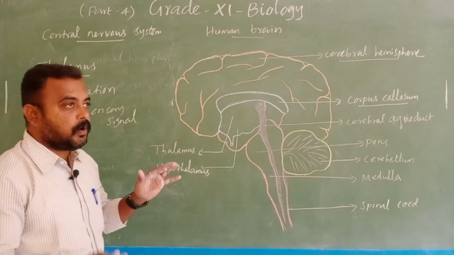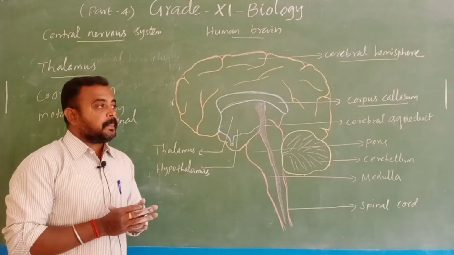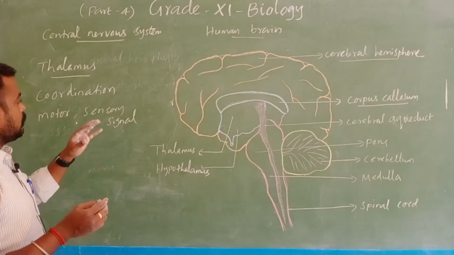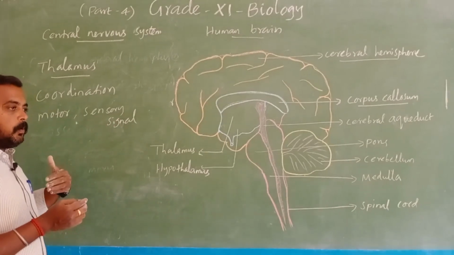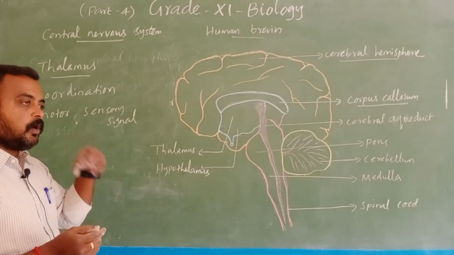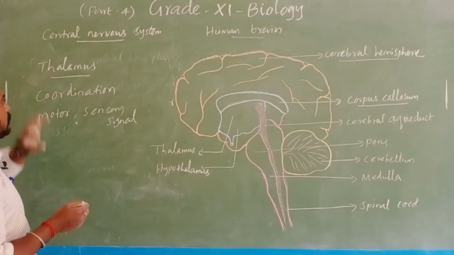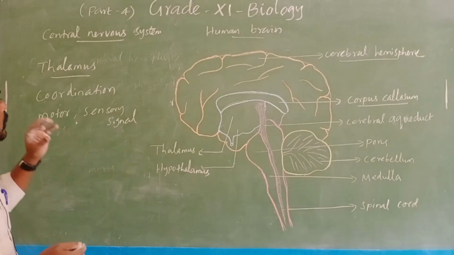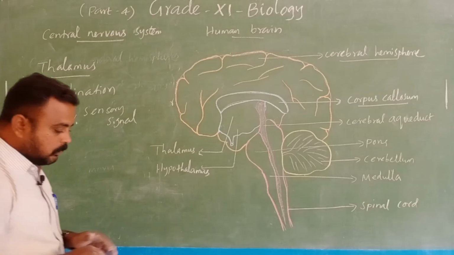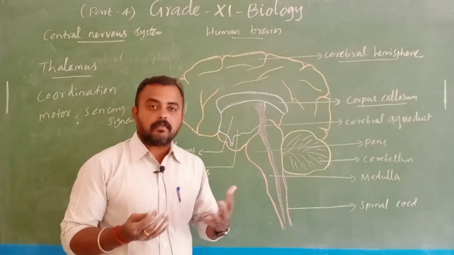Okay, it is coordinating. If sensory signals are coming and motor signals also want to go out, those are coordinated by the thalamus. So the thalamus is very important for coordination. I think without coordination we cannot do any work.